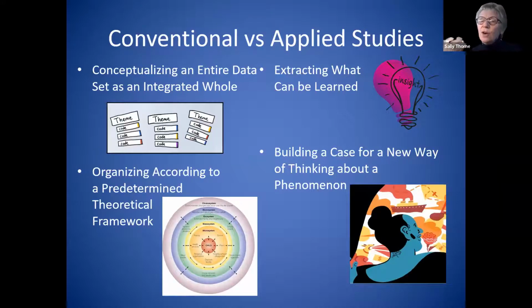We understand who we are developing this knowledge for, what problem exists in the world that we are trying to help fill or resolve. And so we are extracting what can be learned, not summarizing the whole, and we are building a case for a new way of thinking about a phenomenon, a way of thinking about it that is richer or deeper or more complex or more beautiful or more robust.